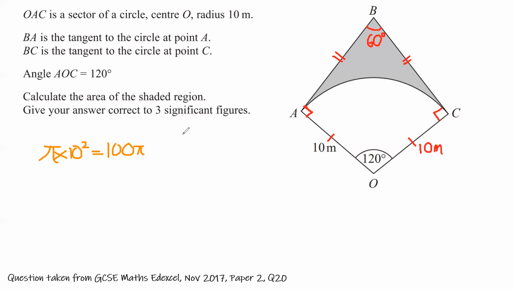We only want a portion of it. So rather than the full circle, we only want 120 over 360ths of this circle. This quite handily cancels down to just a third. So we're going to have 100 pi times a third.